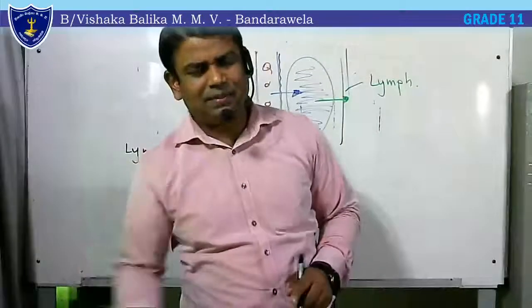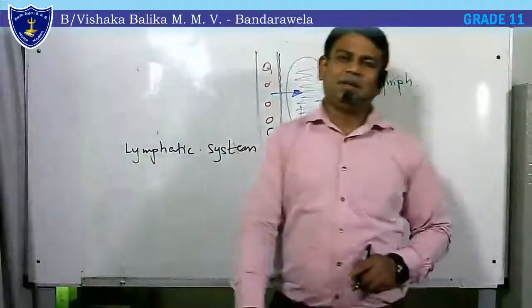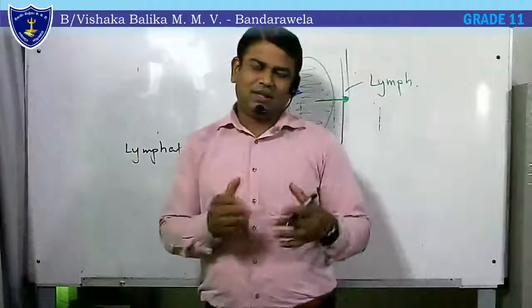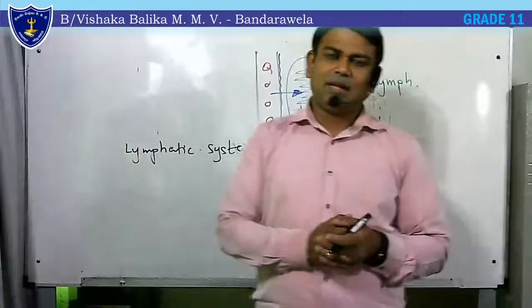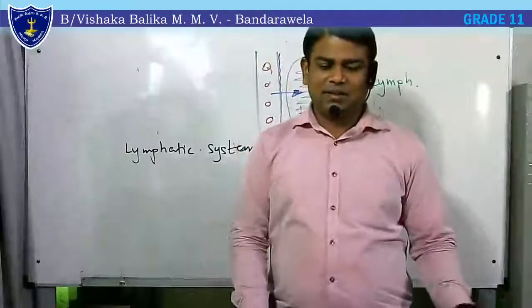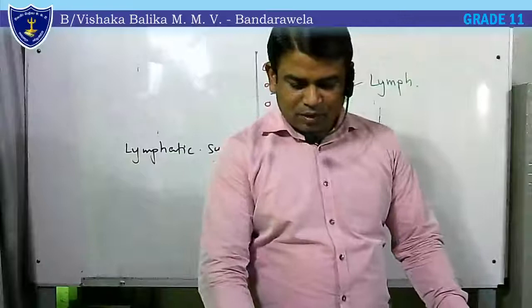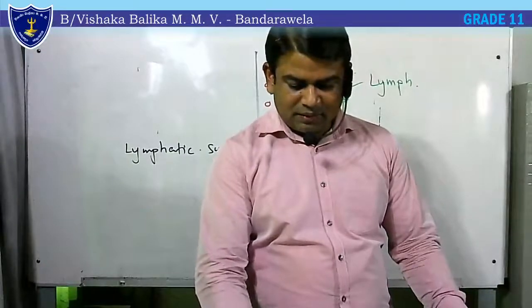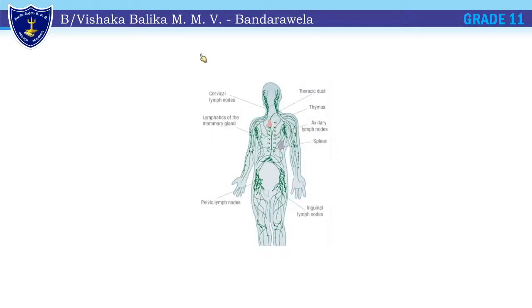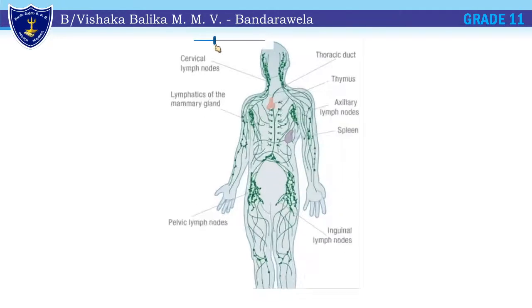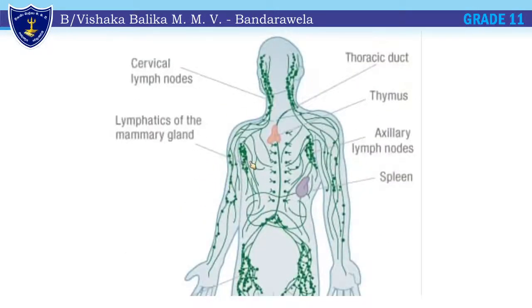Mainly the heart is associated with the blood circulatory system; the heart is the main organ of the blood circulatory system. There are some organs that belong to this lymphatic system. Now I will show this to you. If you can see the screen, you can see this here.